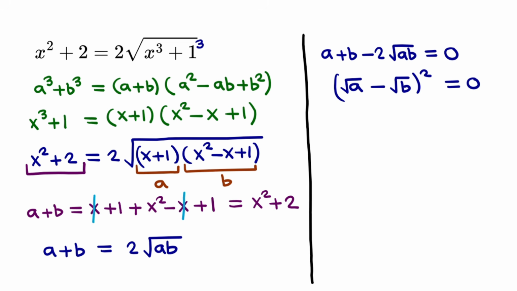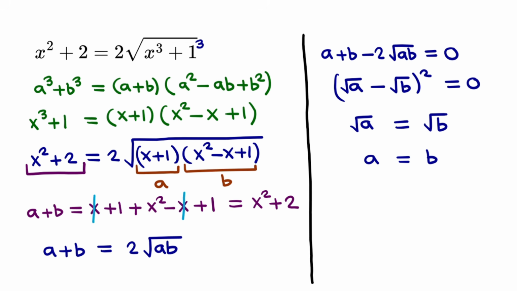The only way a square can equal 0 is when the expression inside it is 0. So, the square root of a equals the square root of b. Squaring both sides gives us the simple equation a equals b.